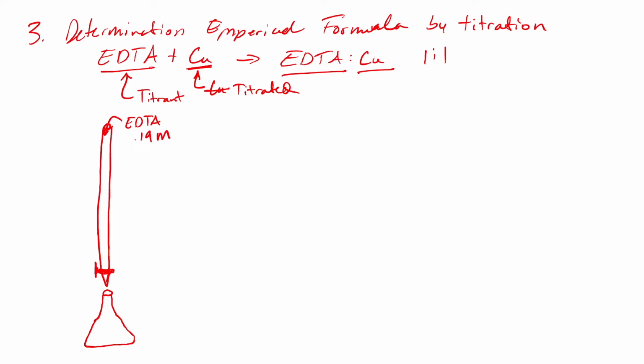Okay, 0.19 molar. So we'll fill it up, and just like before, since we're using a new solution right now, if I were you, just to make my life easier, I would put it so that it's at the 0 milliliter mark. And then down here, in some water, we're going to dissolve some copper chloride.